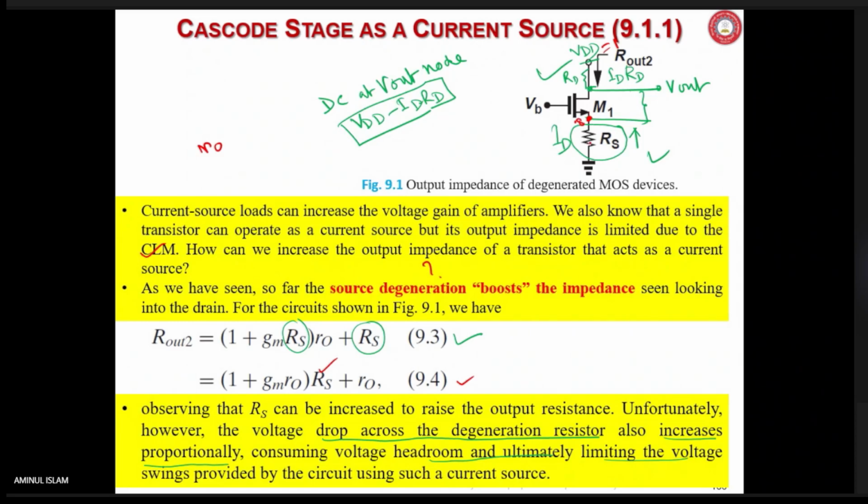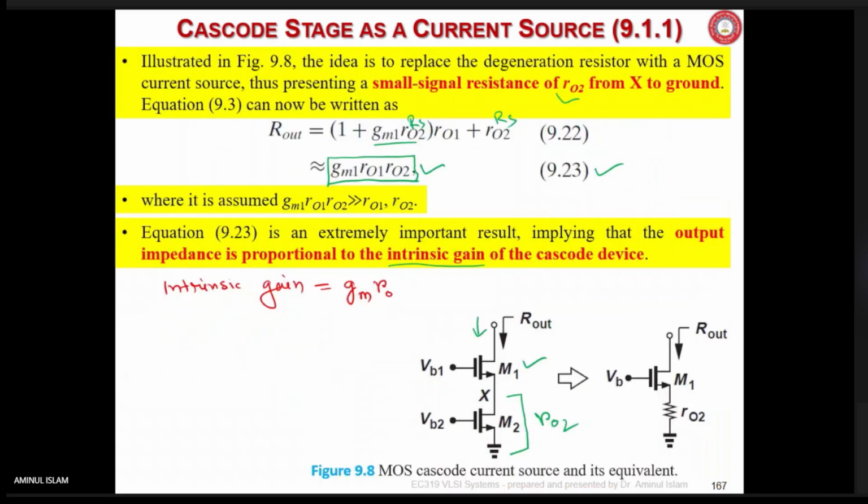Is it possible? Due to the high value of RS, the swing at the output node is very less. That headroom is not there. That is the difficulty by increasing RS. You cannot do that. Is it understood, Shashank? Yes, sir.